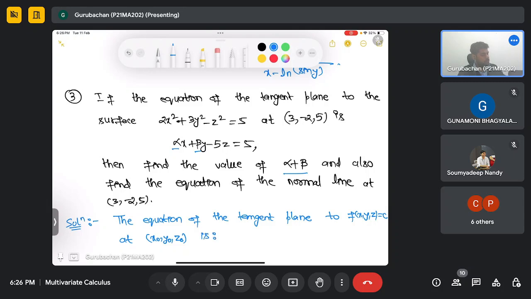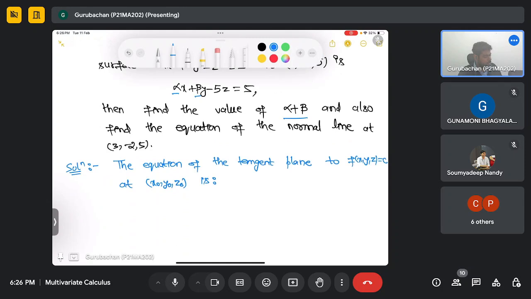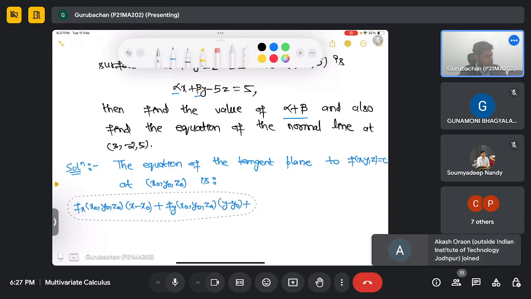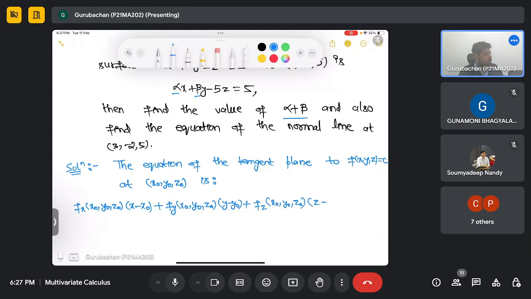It is nothing but f x at (x naught, y naught, z naught) into x minus x naught plus f y at (x naught, y naught, z naught) into y minus y naught plus f z at (x naught, y naught, z naught) into z minus z naught equal to 0.